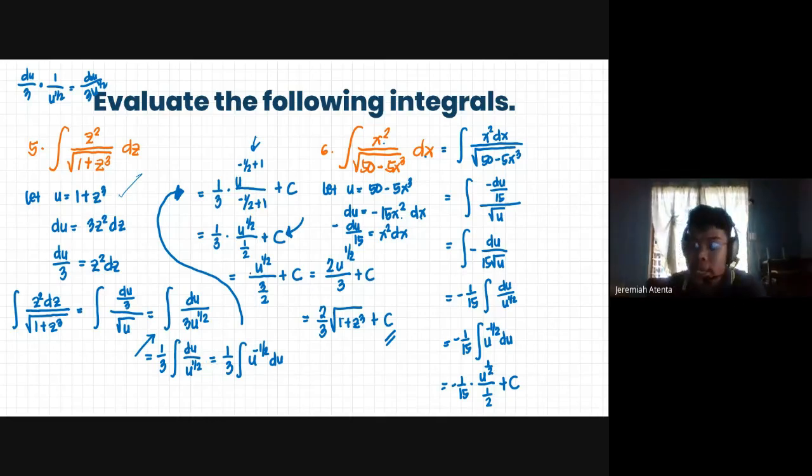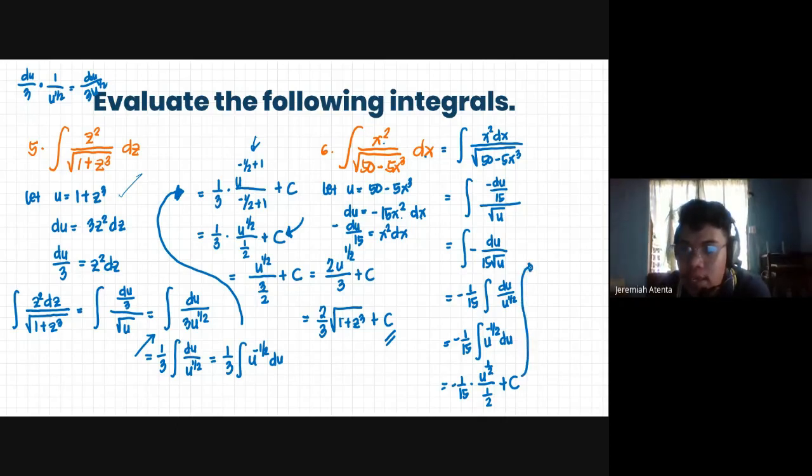And from that, we now have negative of 2 over 15. Diretso na, okay lang. Reciprocal nyo lang. 2 over 15, then u to the 1/2 plus c.